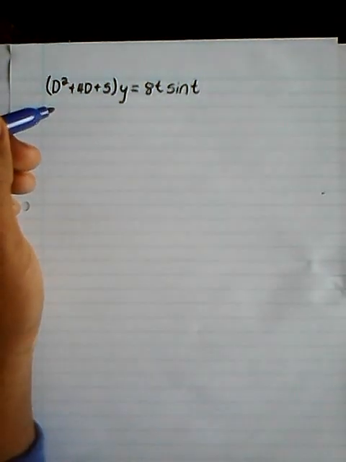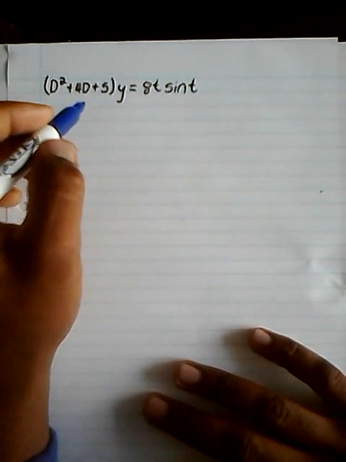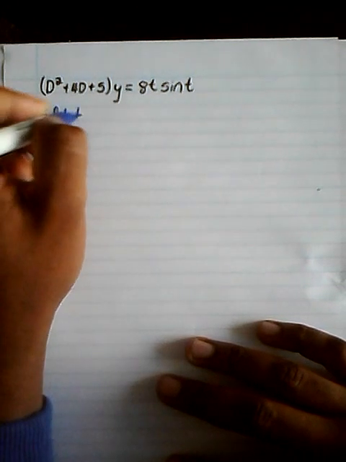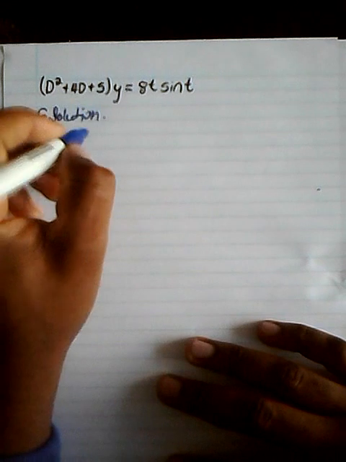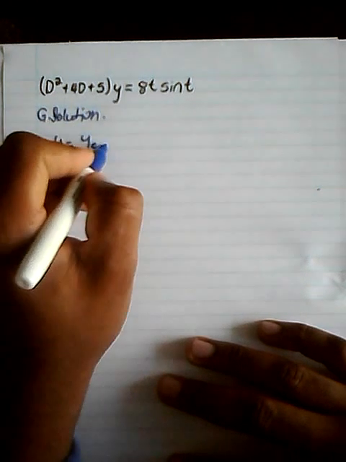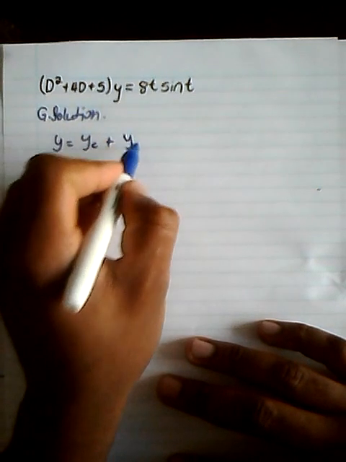Now we have D squared plus 4D plus 5 operating on y, equals 8t multiplied by sine t. The question wants us to determine the general solution, and that is y equals y complementary plus y particular.